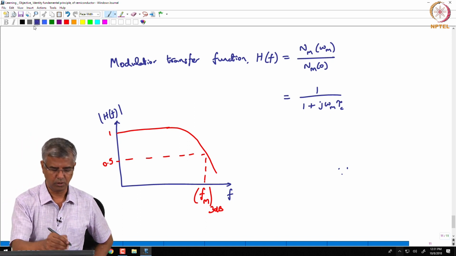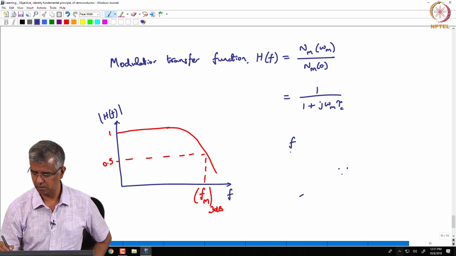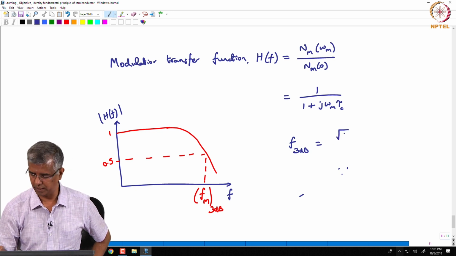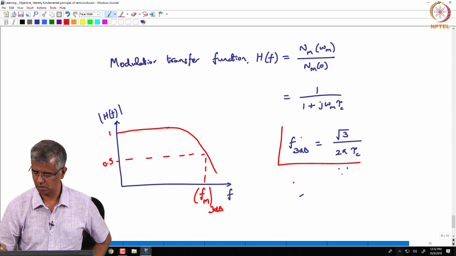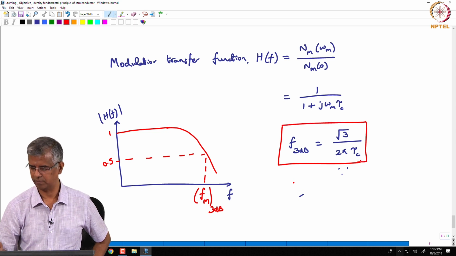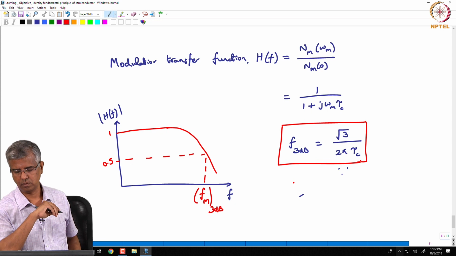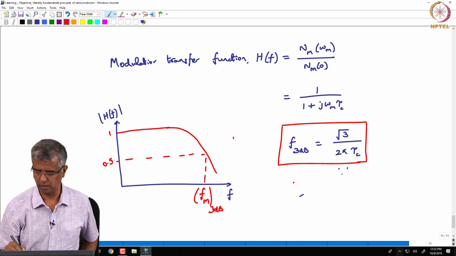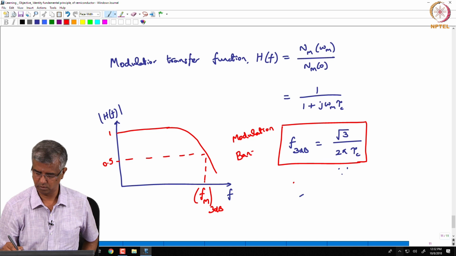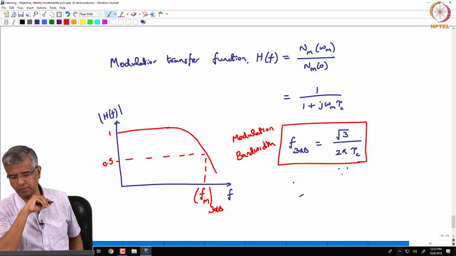If you do that, what you will find is this 3 dB frequency is going to be given by root 3 over 2 pi tau c, in hertz. Okay. So this is what you call the modulation bandwidth of my LED structure.